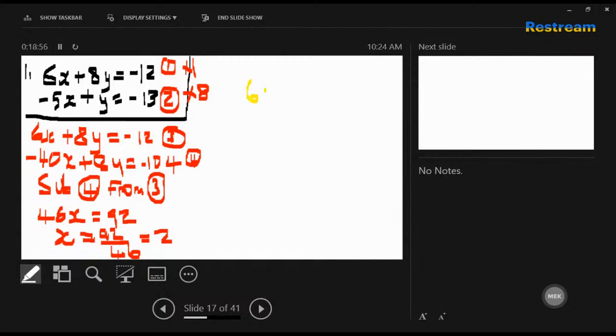So 6x plus 8y is equal to negative 12. So 6 times 2 plus 8y is negative 12. So this is just the basic steps now of algebra.